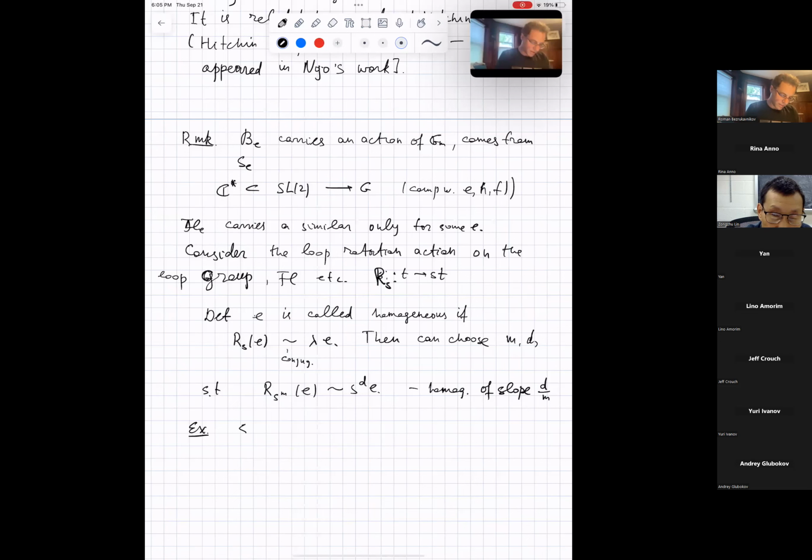And if I take something like ones on the diagonal, and then t in the upper right corner, then this is going to be slope 1 over n.